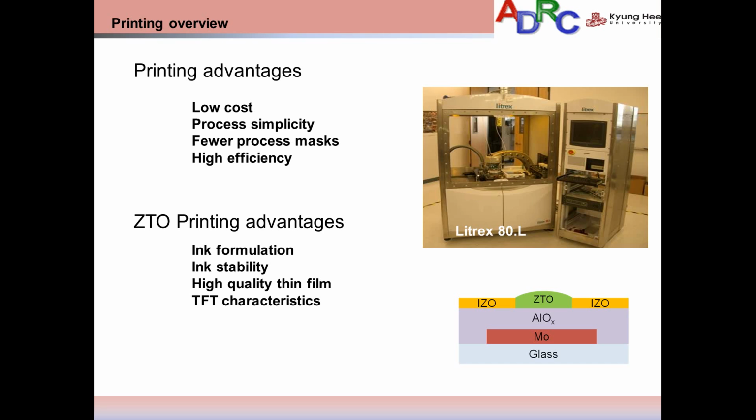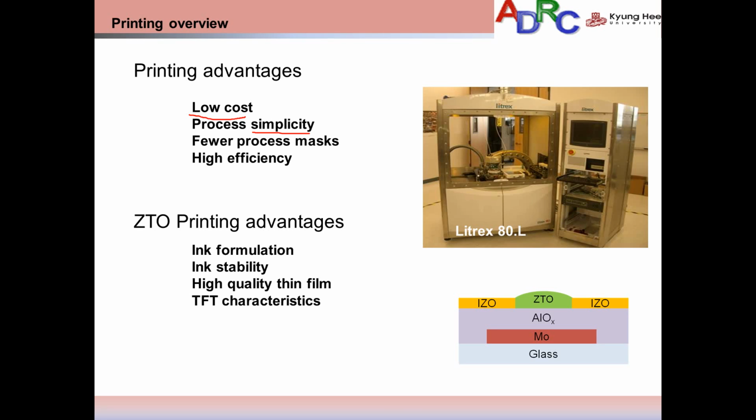Finally, I would like to introduce the printing advantages and a printing overview of the different oxide semiconductor materials. So, as I mentioned before, it's low cost, it's very simple to process, and it also requires fewer process masks compared to other materials.